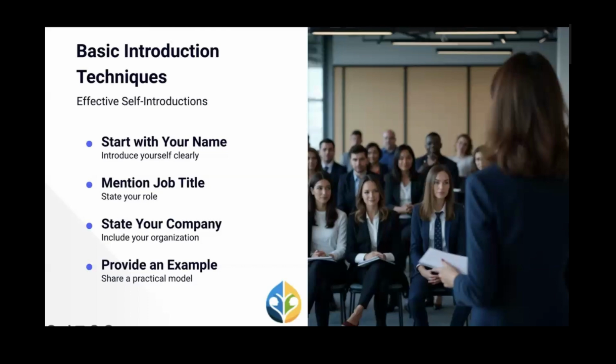Mentioning your job title provides context about your role within the organization, indicating your level of expertise and responsibility. Stating your company, including your company name, adds credibility to your introduction and helps the listener understand your background.